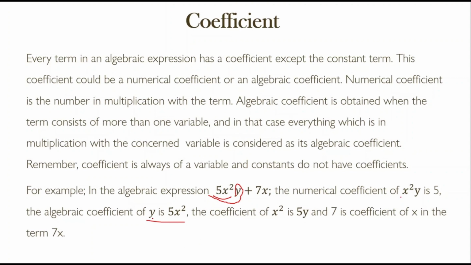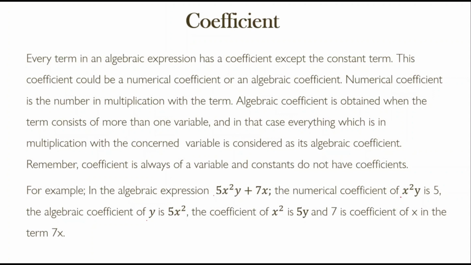And that is the reason why we are calling them algebraic coefficient, because the coefficient of y is consisting a variable in it. Similarly, coefficient of x square contains a variable in it. That is why we are calling them algebraic coefficient. Please remember, coefficients are always of the variables. Constants do not have coefficients. Fine? I hope it's clear to you.